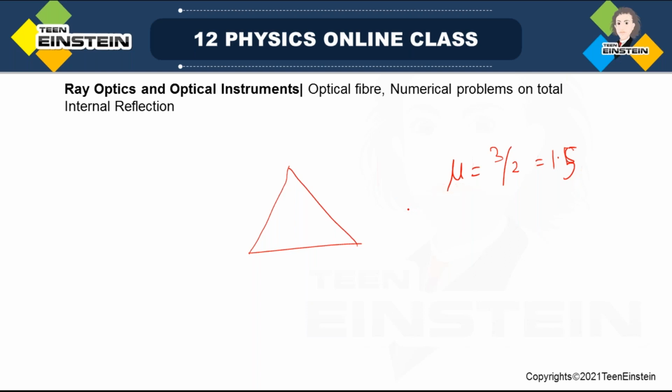Now this can be named as A, B, C. Suppose this is A, B, C, and a ray of light is coming and getting incident, normal incidence.